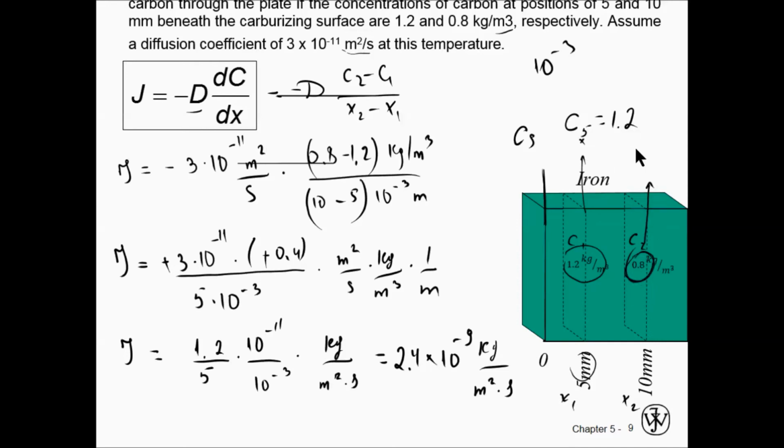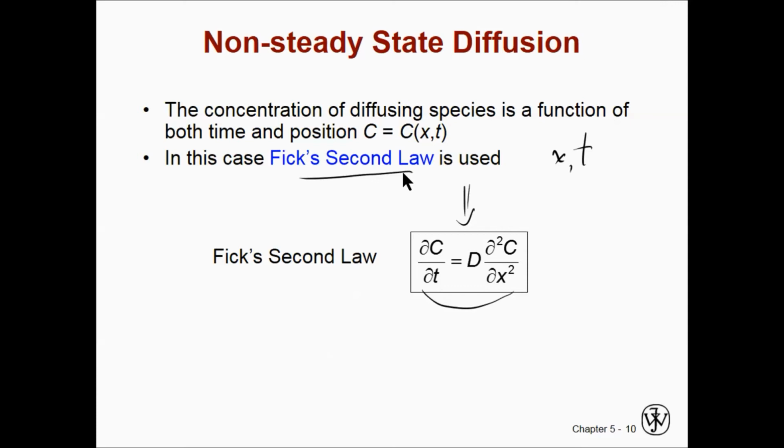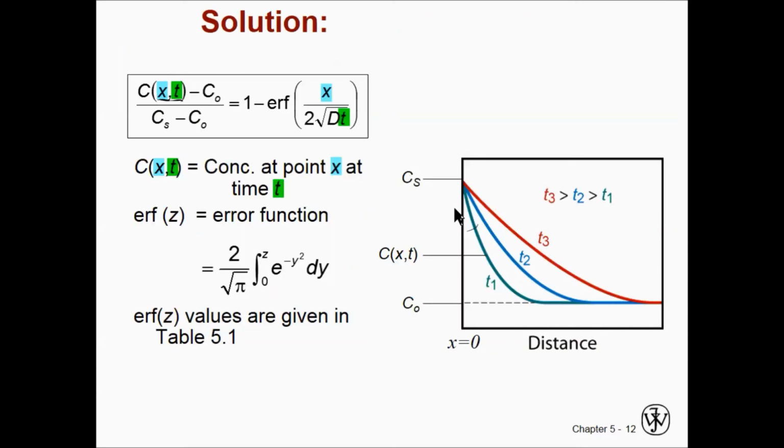This one is the concentration of copper at 10 millimeter distance into the host metal, which is 0.8. So that's instead of x. I have the same thing over here. So that is x0, the surface, that goes to infinity.